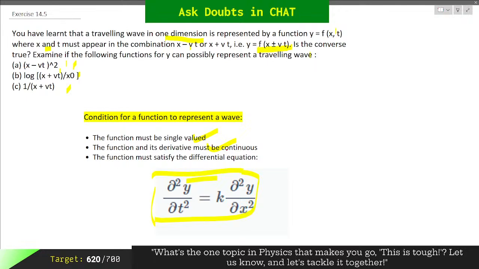And the third requirement is ∂²y/∂t² must be equal to k ∂²y/∂x². Using these criteria we can easily find out which of them represents the wave equation. As the converse is never true, it should follow these three conditions. Let's move to the next question.